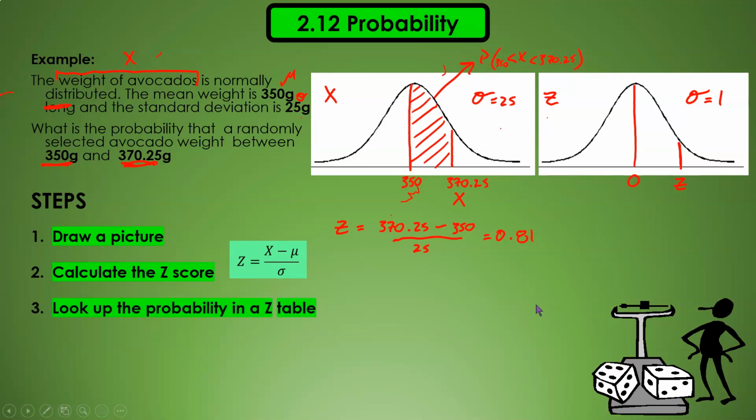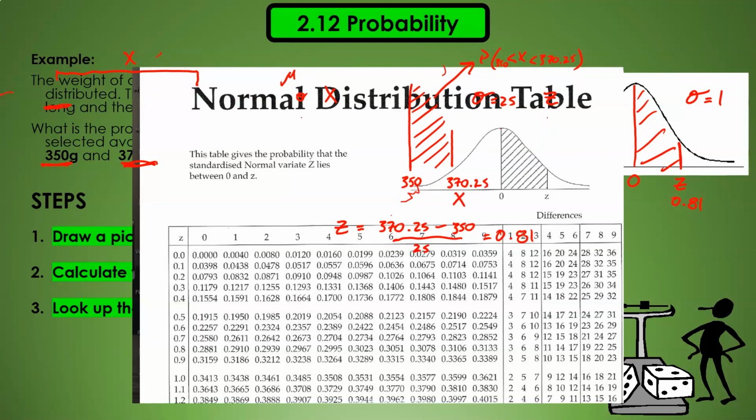So step 3 is then to take that z value, which is 0.81, and look it up in the z-score table, which we've got there. The key thing, and I didn't talk about it last time, is that the table is set up to measure the distance between the mean and whatever z-score you want to choose from.